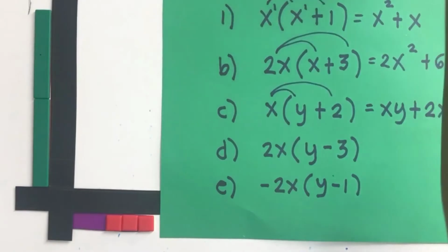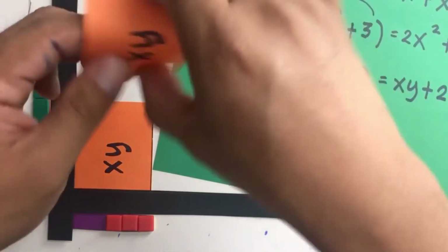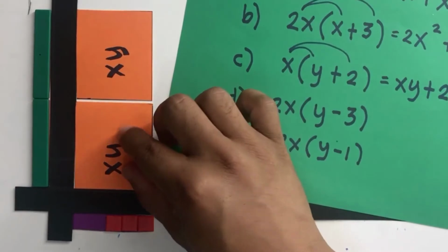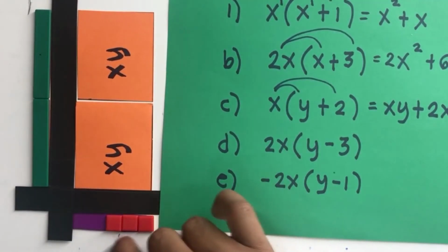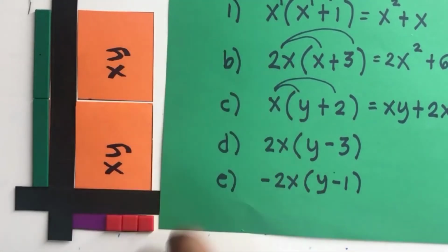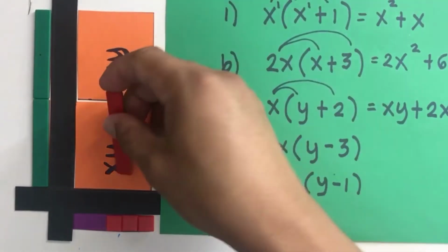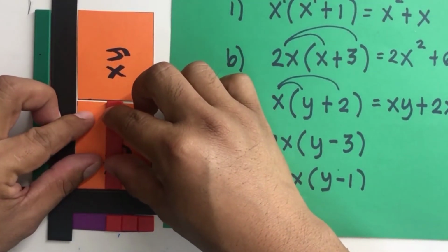And to do that, we can start with xy and another xy, and then cut away that part that is represented by the red, because that should be removed. So we need 3 like this here.